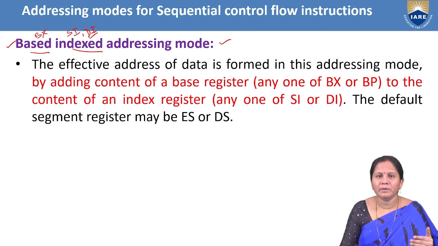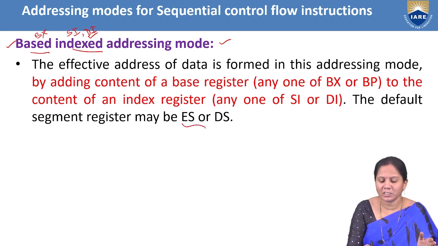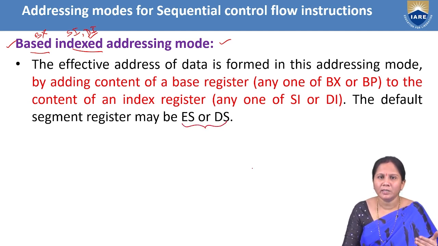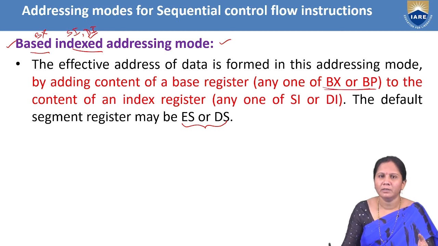Now, whatever we are indicating with the help of BX and SI, that together will give us the offset address. And we have to consider the segment address from either ES or DS, that is from data segment or extra segment. So in this case, you have any of the base registers.